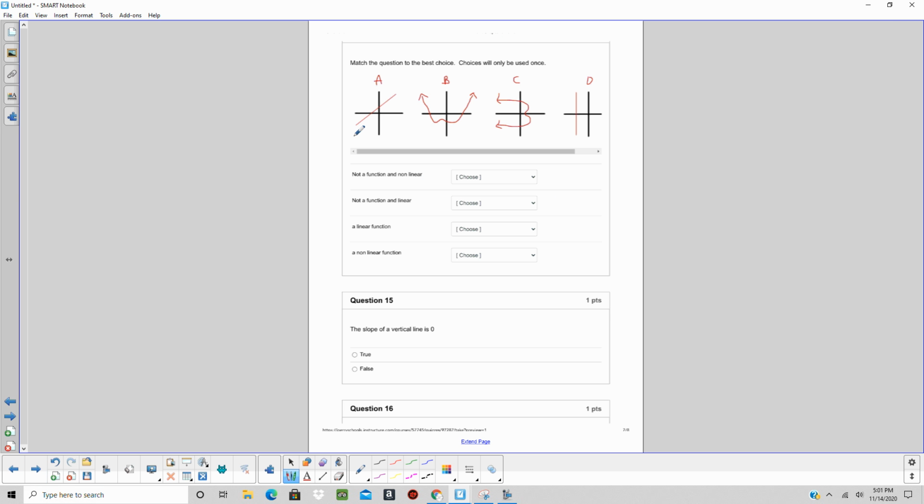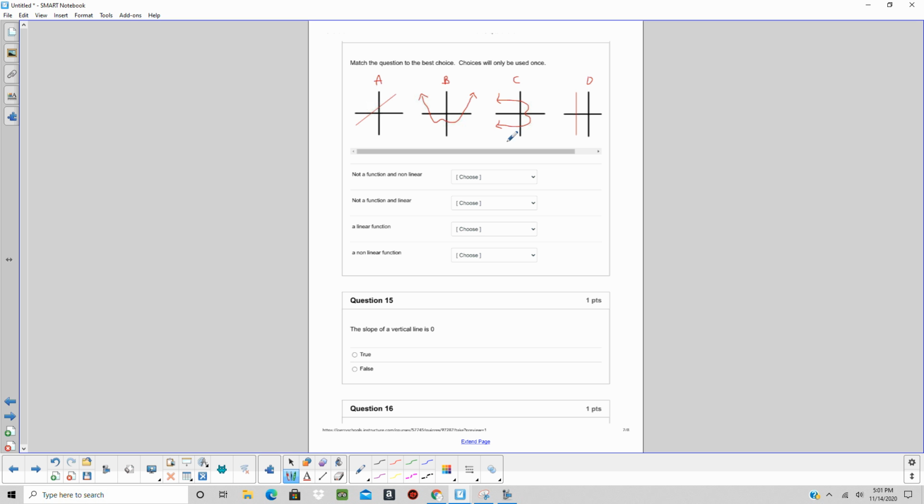All right. So we want to match with the best choice here. Not a function and nonlinear. Well, B and C are my nonlinear ones. I think that's pretty obvious. So it's either going to be one of those two.